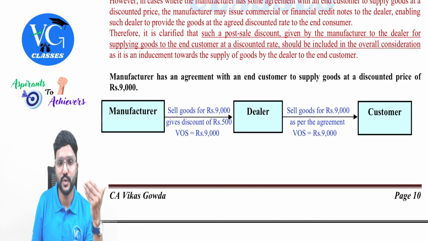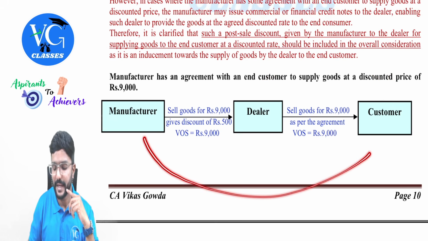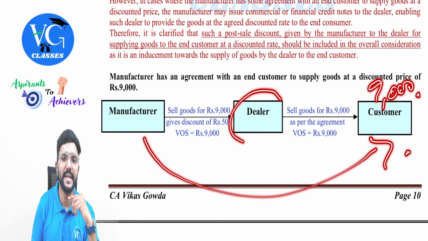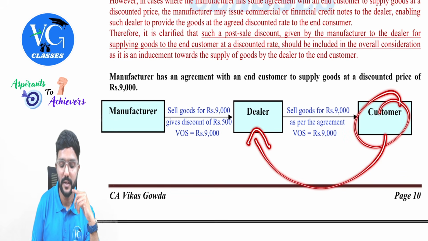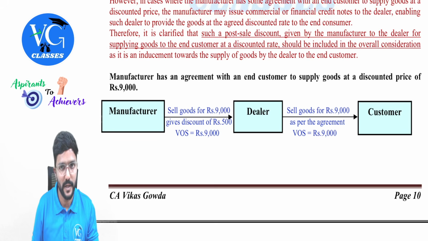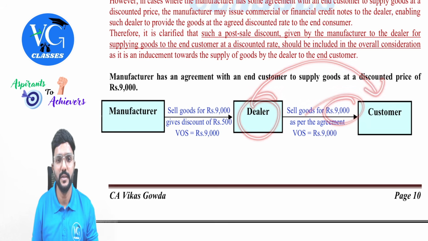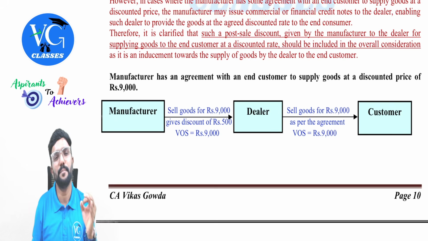I repeat. Assume the manufacturer has sold the goods to the dealer for 9,000. But before it is sold to the customer, the manufacturer has an agreement with the customer, telling, I will sell my goods to you for 9,000, but through my dealer. So the customer can go and buy from the dealer the goods manufactured by the manufacturer, but for 9,000. Clear? Now, for the dealer to sell the goods to the customer for 9,000, the manufacturer is giving a discount of 500, which we consider a post supply discount.